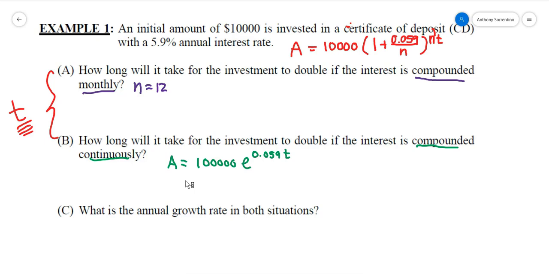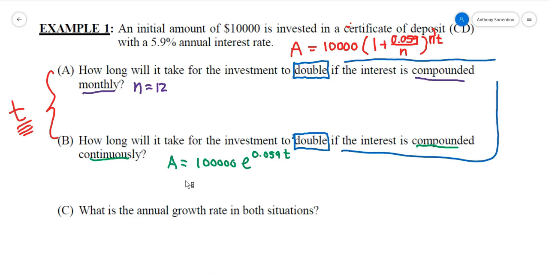But here's where I know how to figure out what A is. I want the investment to double. I want the accumulated amount to be twice what I started with. So that doubling tells me in both these cases that A is going to equal 20,000.